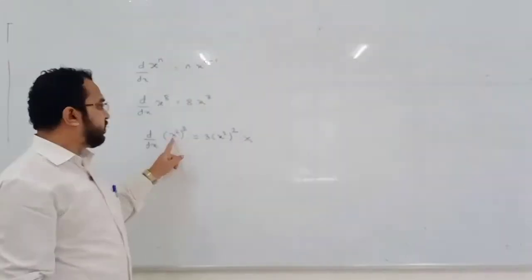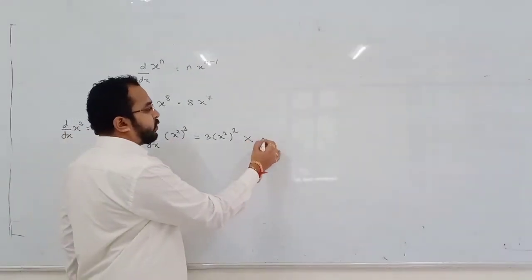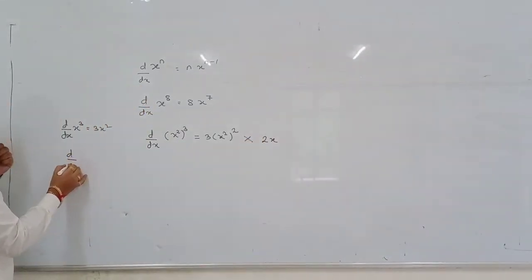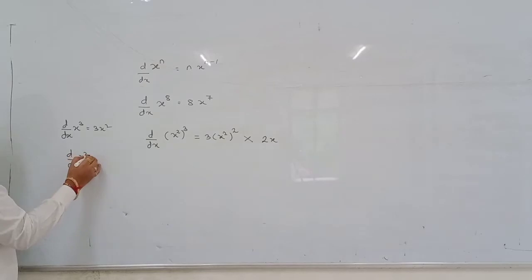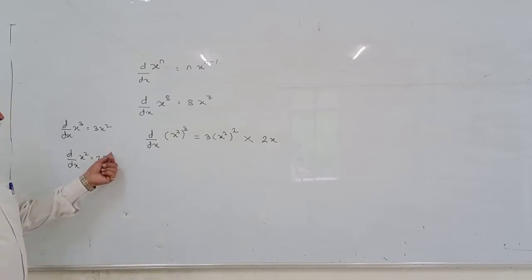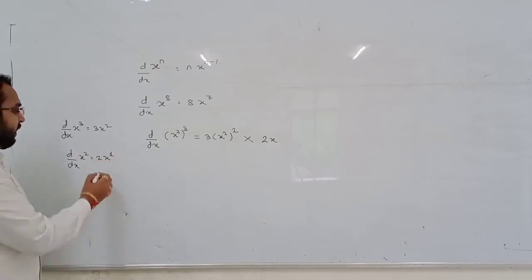So what is the differentiation of x square? The differentiation of x square is 2x. Take the power 2 in the numerator and reduce it by 1. It will be 2x to the power 1, that is 2x.